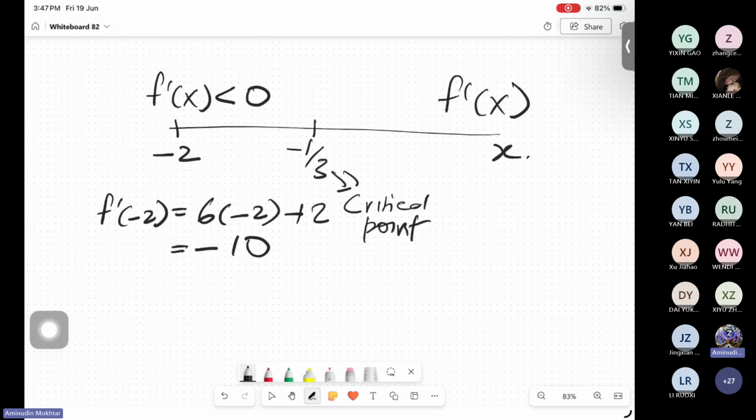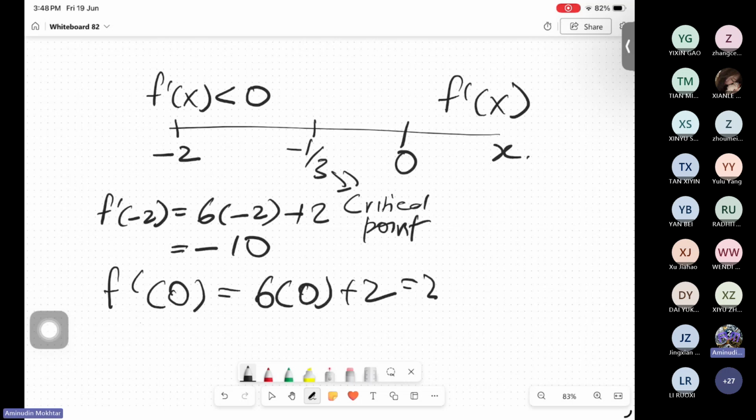Okay, now I would like to choose any number greater than negative 1 over 3. Let's say I choose 0. So the slope of the tangent line, f prime of 0, equals 6 times 0 plus 2. The answer is 2. So after the critical point, the slope of the tangent line is positive.